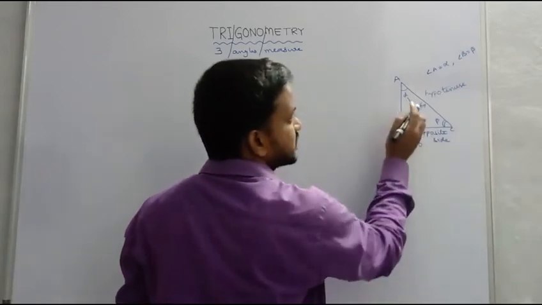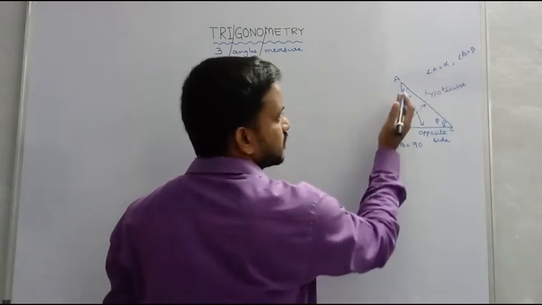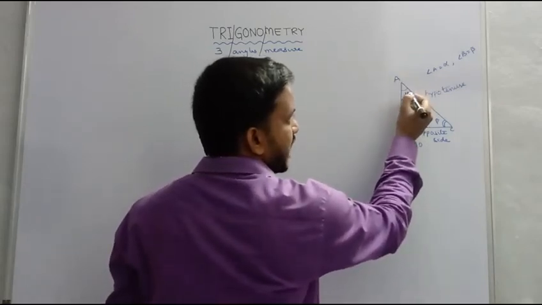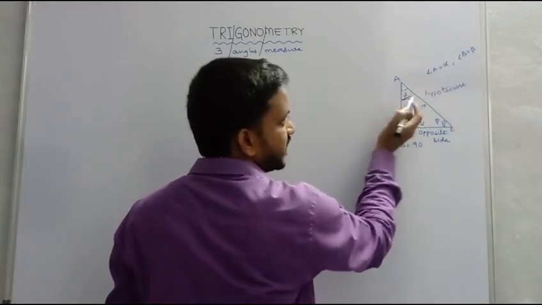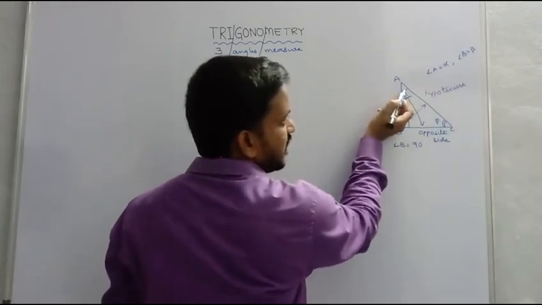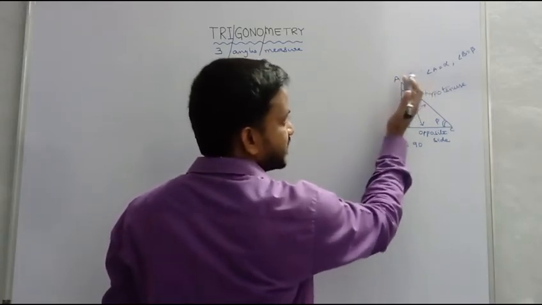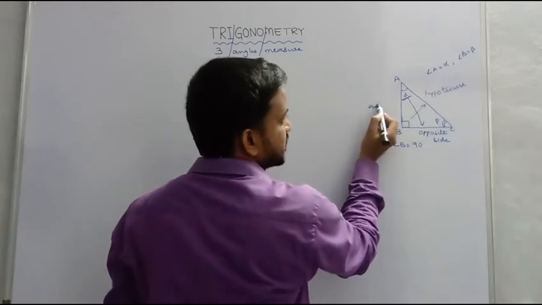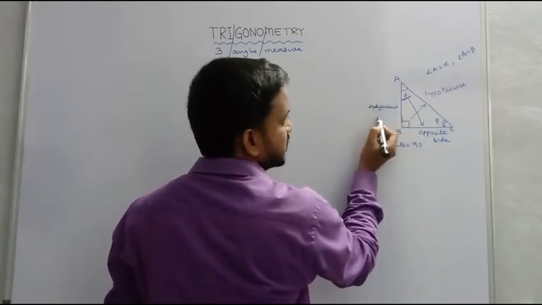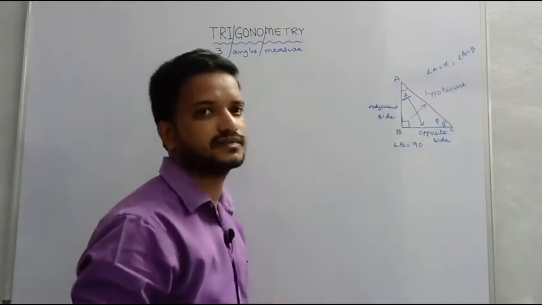I am naming the sides with reference to alpha. Now, for this angle A or alpha, AB is adjacent to it, so this AB is called the adjacent side. Is this clear?